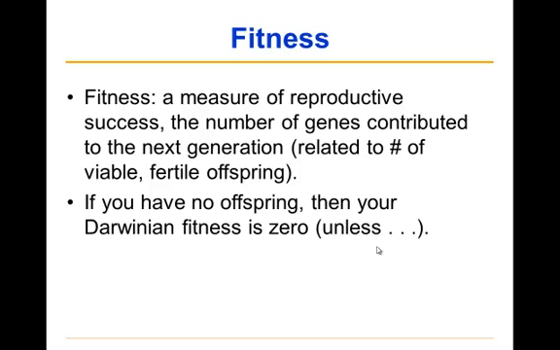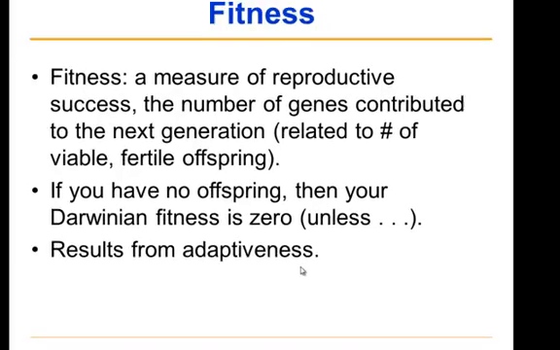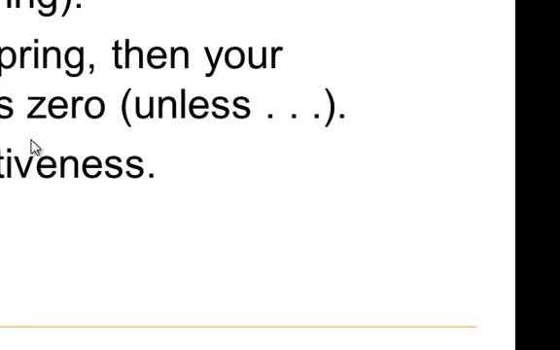And so that is a form of fitness as well, because it's the number of genes contributed to the next generation. So the fitness of your family can increase the fitness of an individual as the genes are passed on in the lineage. Of course, fitness results from adaptiveness, how well a lineage is adapted to its environment.